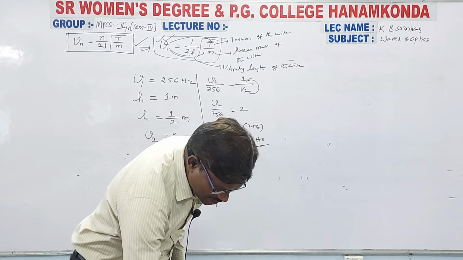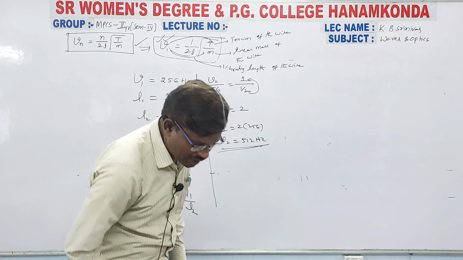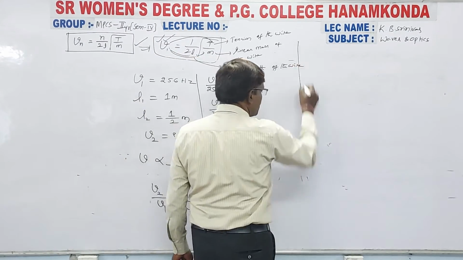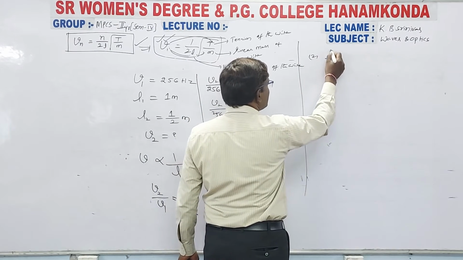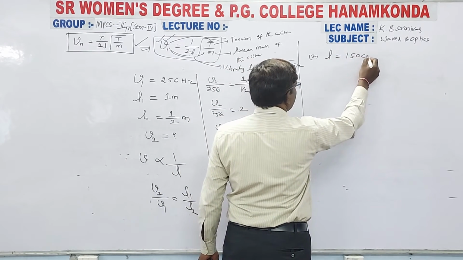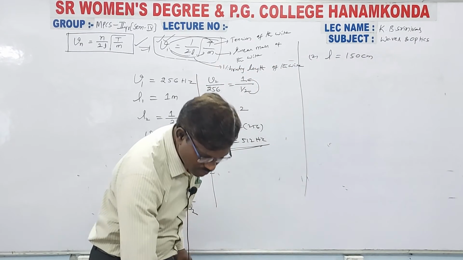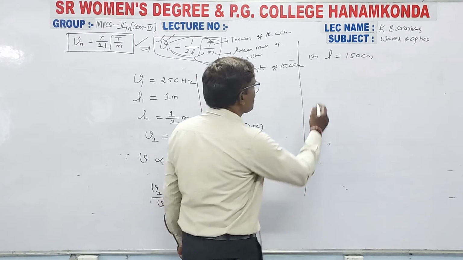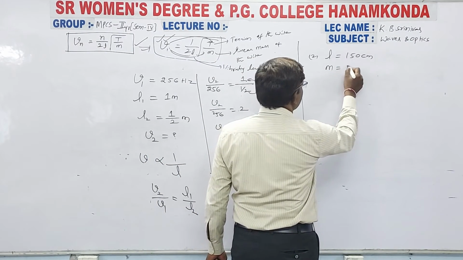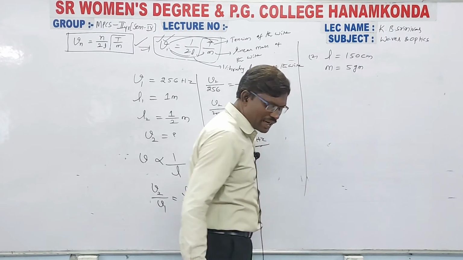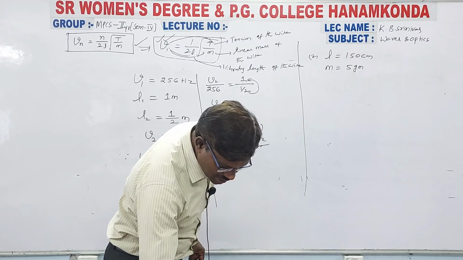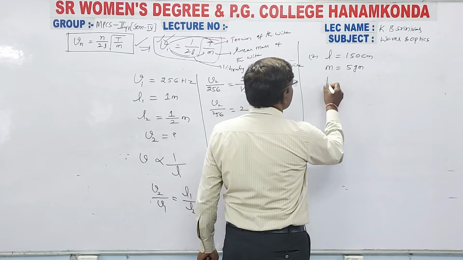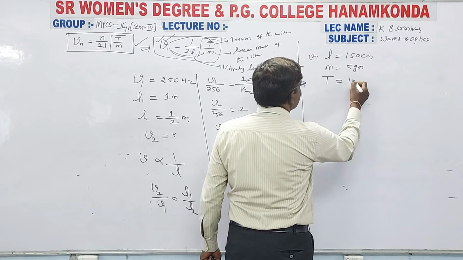In the problem they are mentioning: a steel wire of length 150 centimeter has a mass of 5 grams, and it is stretched with a tension of 1200 Newton between two rigid supports.